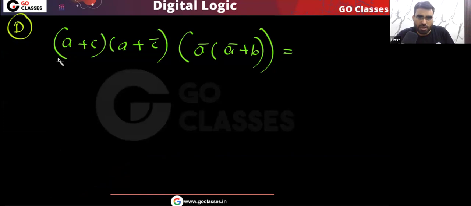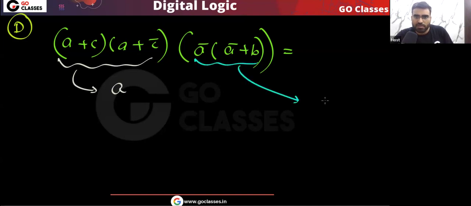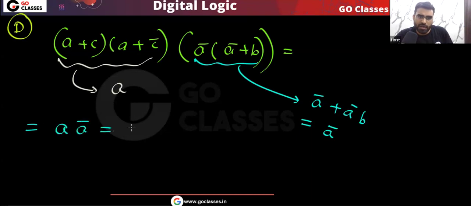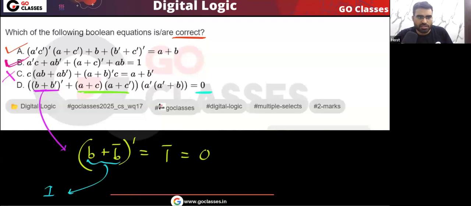If you simplify this, this will give you A. And here you will get A bar or A bar B. You can apply the absorption law, so here you will get A bar. So finally you will get A bar, and that is equal to 0. Yes, this is correct. So option D is also correct.